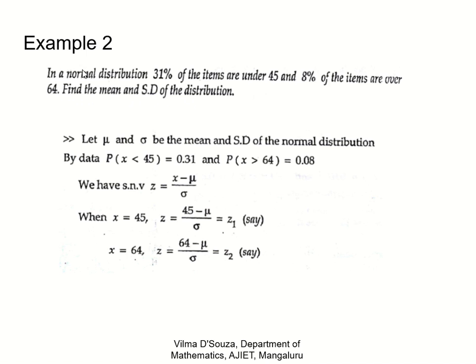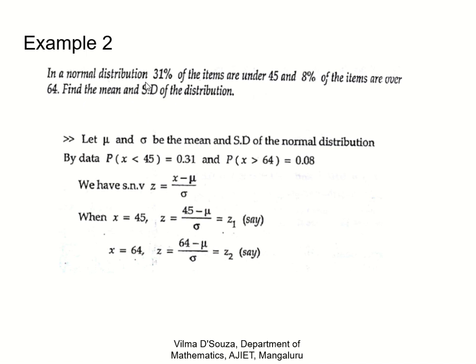Read the question carefully. It is a normal distribution. 31% of the items are under 45, and 8% of the items are over 64. Find the mean and standard deviation. The mean is mu and the standard deviation is sigma.